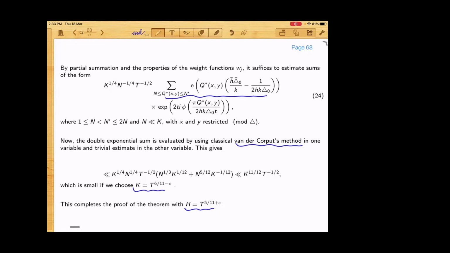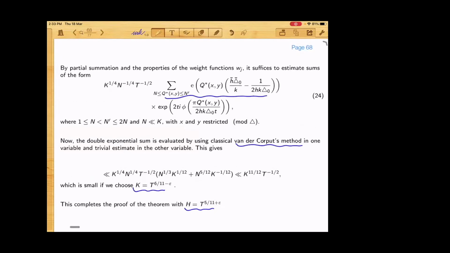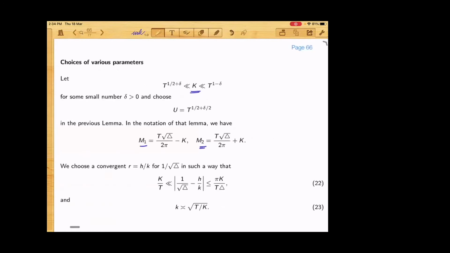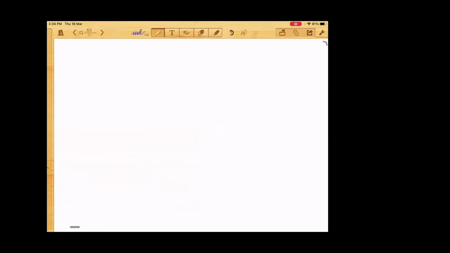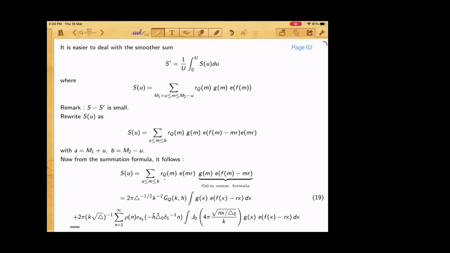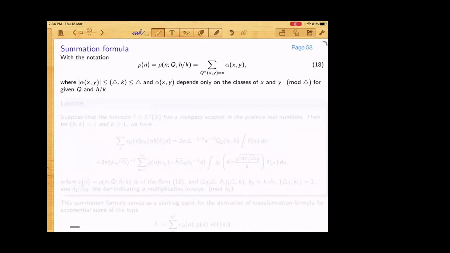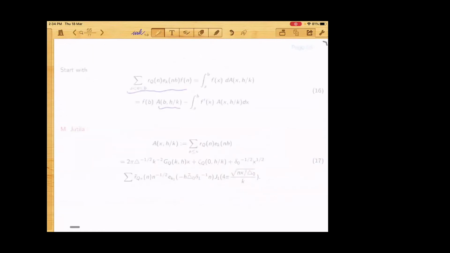All right. So you see, if you take a trivial estimate of the crucial sum, where is the crucial sum?